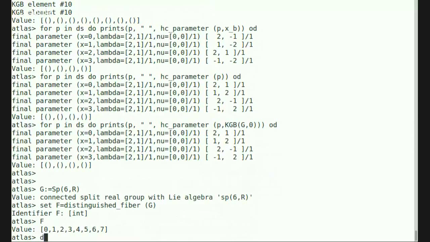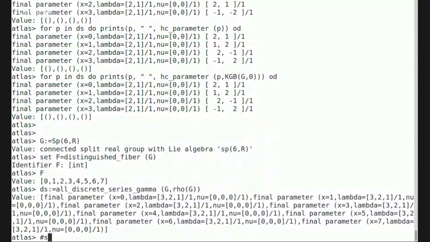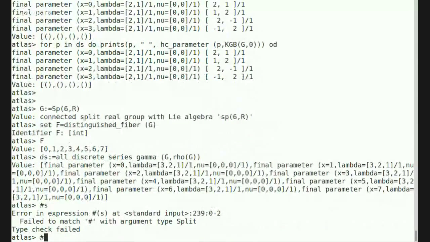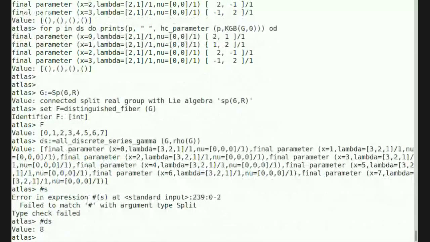And let's take the discrete series gamma of G, and again, let's do rho of G. Oops. There are 8 discrete series.